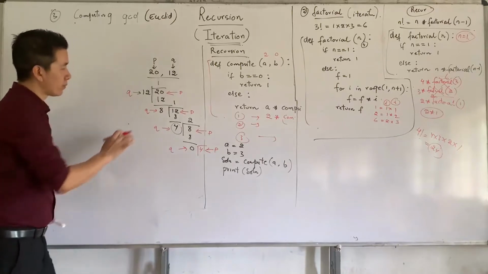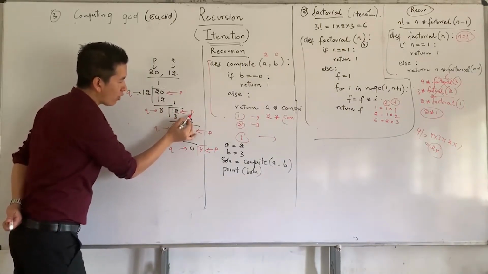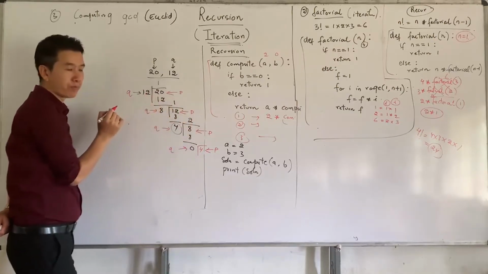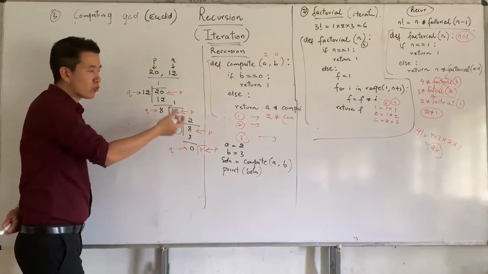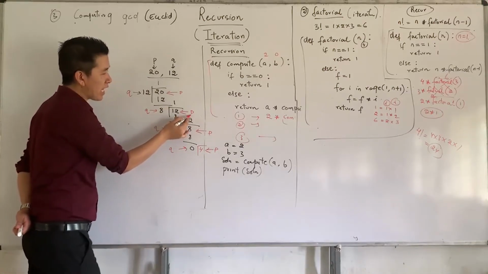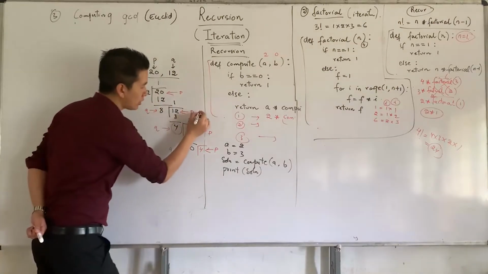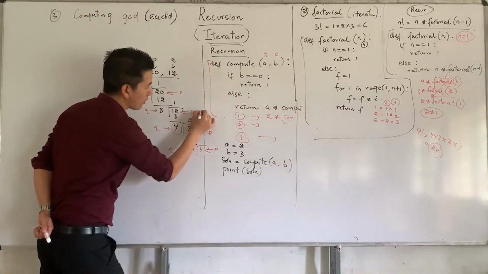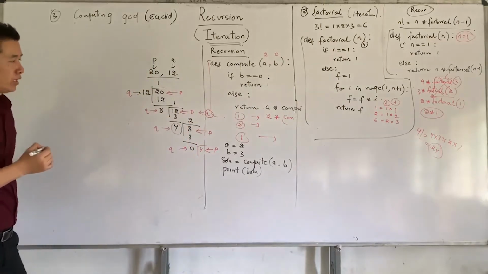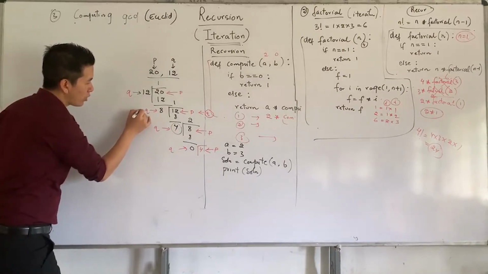This is straightforward. But for the next call, if you take a closer look, the value of P is nothing but the earlier value of Q. I repeat, for the next recursive call, the value of P has been derived from the value of Q. So this P actually comes from the earlier value of Q. But what about this value of Q?